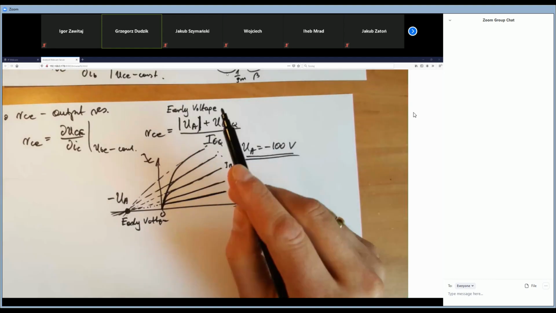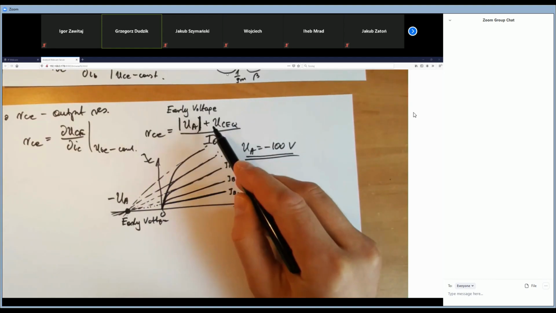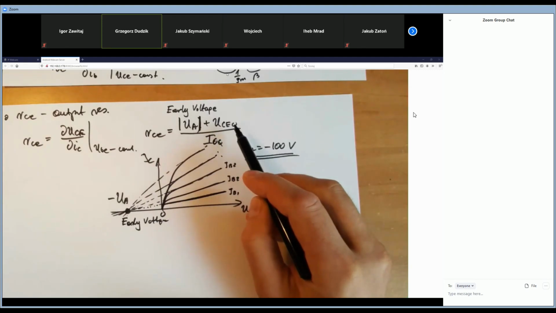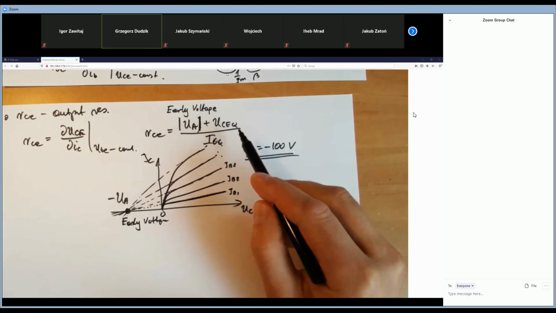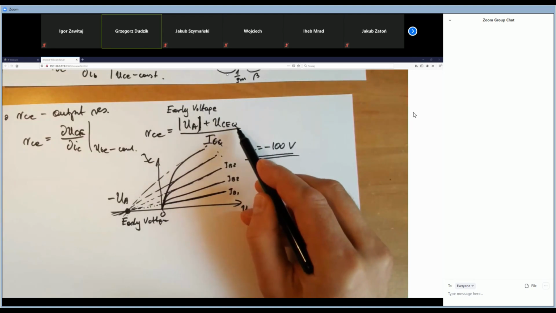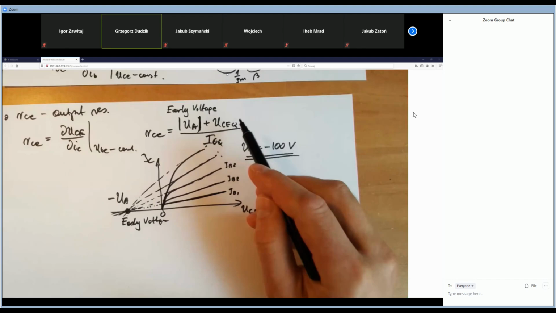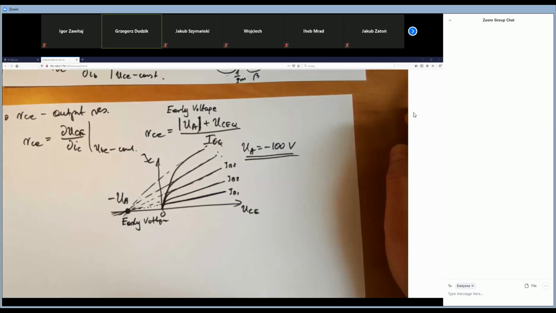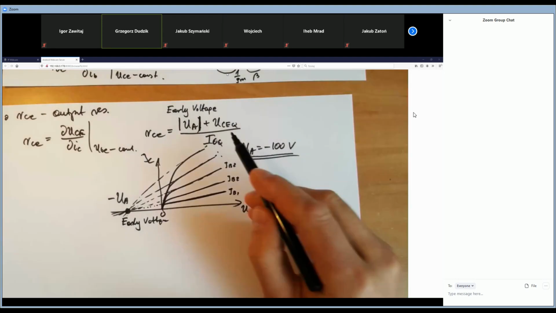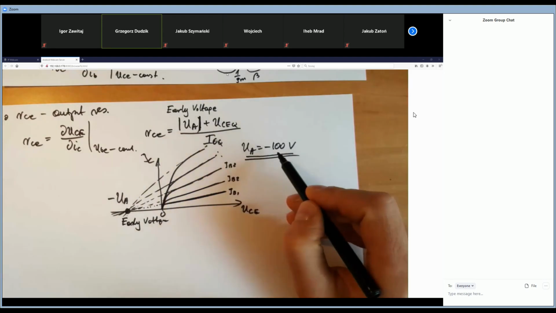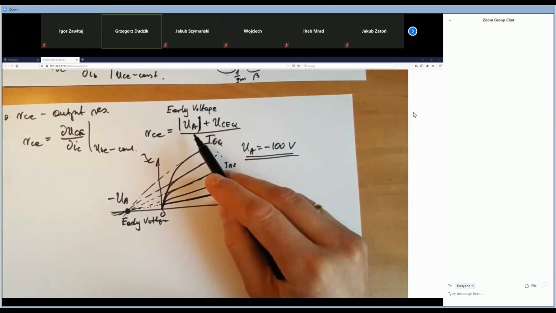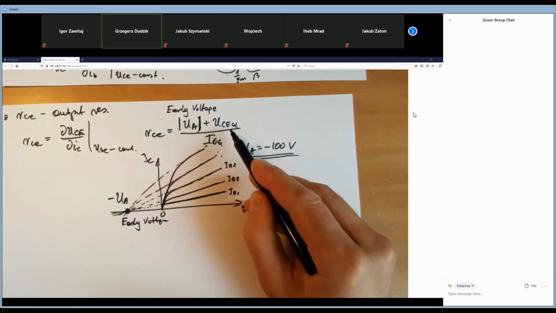However, if you are operating with low supply voltages in our amplifier, we know that UCEQ is not so huge. It is around half of the supply voltage value. So if it is 4 volts and the UA, the early voltage, is around 100 volts, it means the 100 is much bigger than UCEQ.